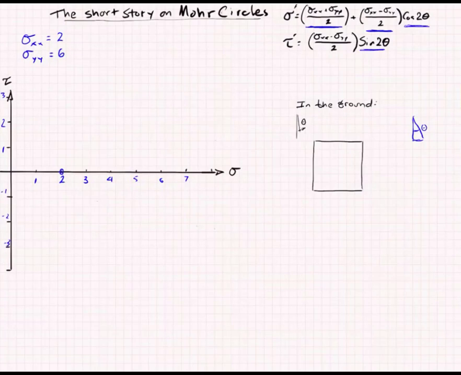So at theta equals 0, we are looking at forces acting on a vertical plane. And that, of course, would be sigma xx. So that makes sense. When we're in the theta equals 0 position, we are looking at this vertical slice orientation, and the force which is acting on it is sigma xx, and so the reaction force on the other side would also be sigma xx.